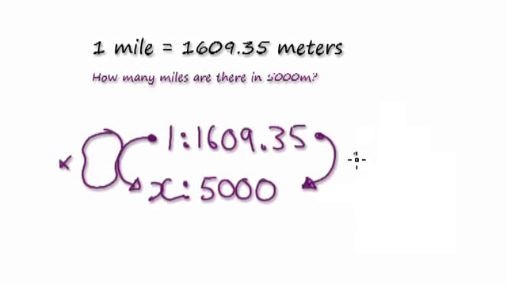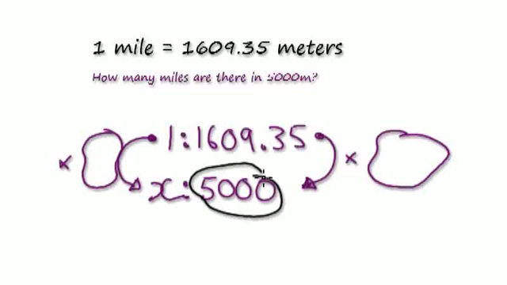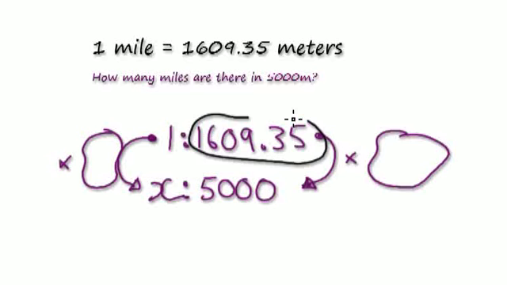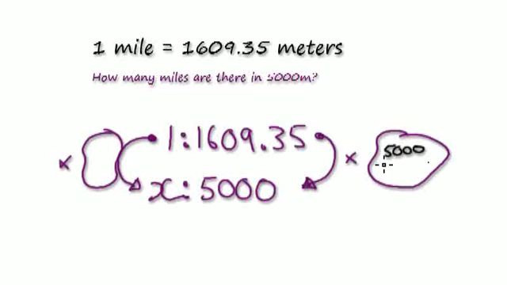The multiplier would be your destination divided by the start. So the multiplier would be 5,000 over 1609.35.